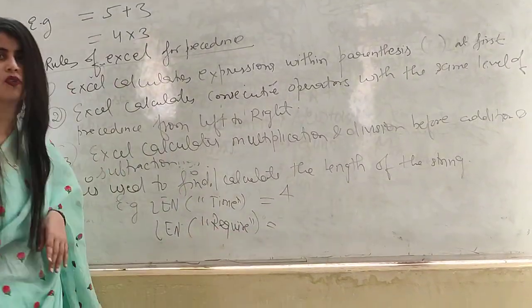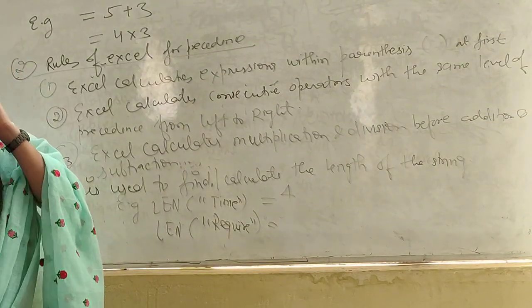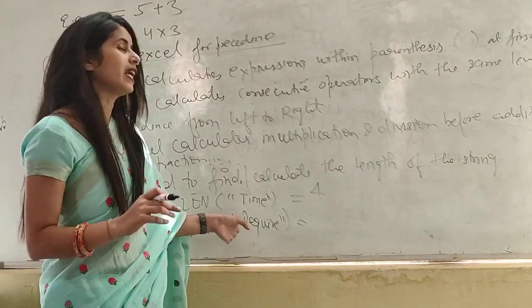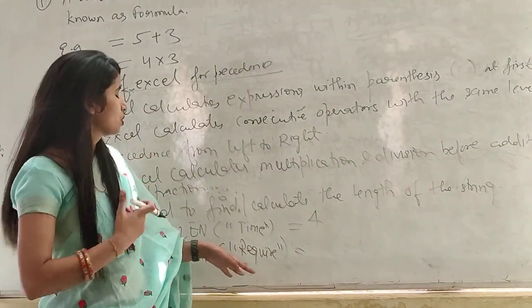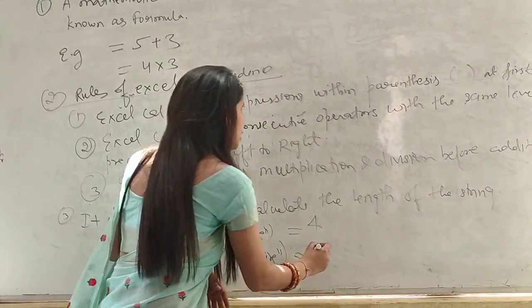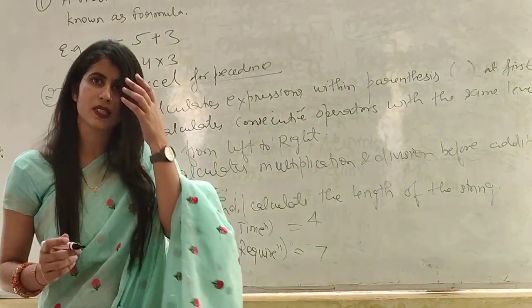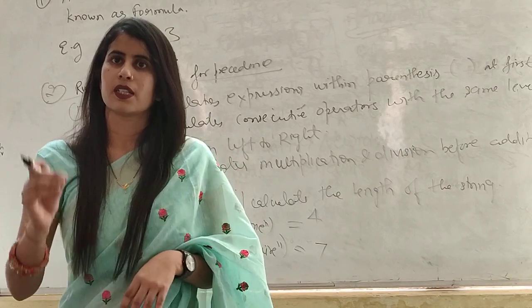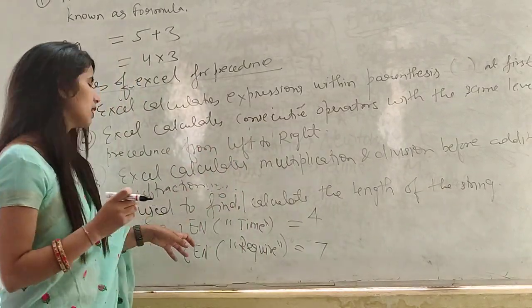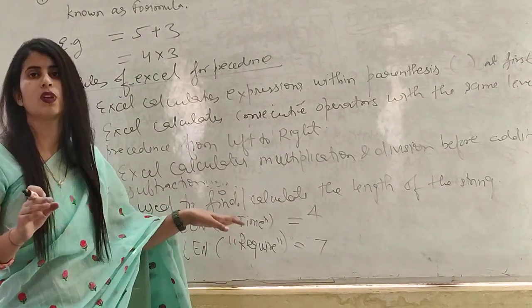Okay. So how to find the length of the string? We will count the letters. So these are 7. So it will give you answer 7. Means the len function is used to calculate the length of the string. So we are using this in this way and it calculates the length.